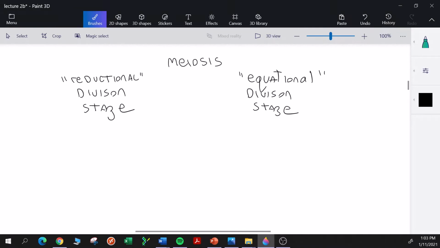Now this is with respect to the products created by each stage. So another naming system is simpler. The reductional division stage is often referred to as meiosis 1, and the equational stage is referred to as meiosis 2.